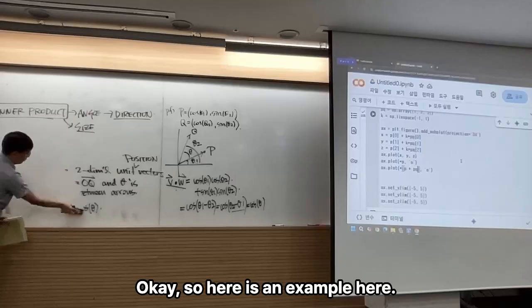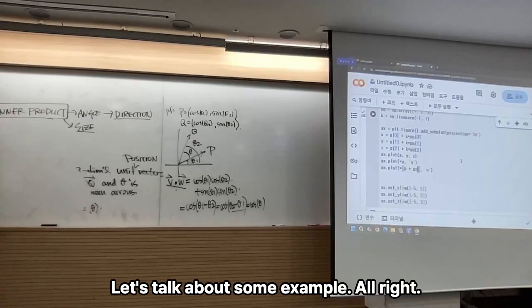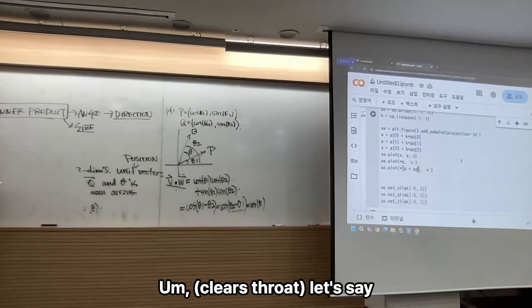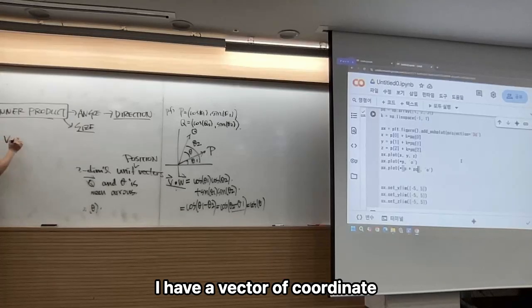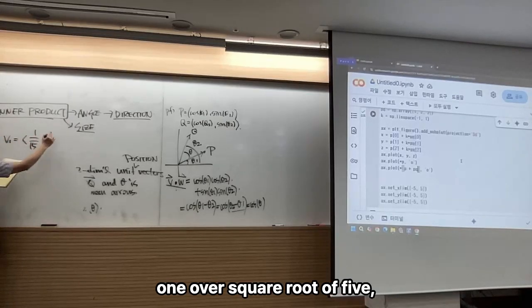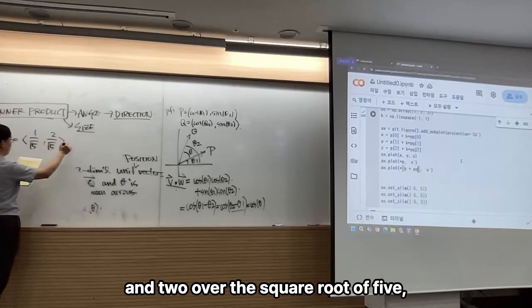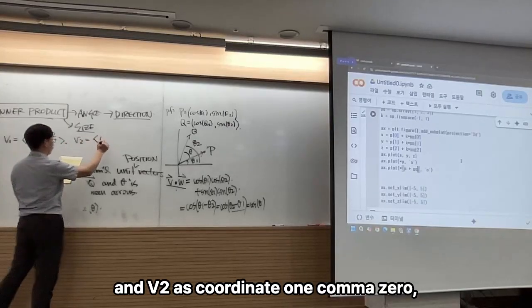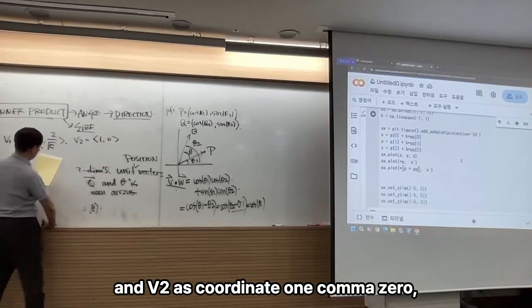Okay, so here's an example. Let's talk about an example. Let's say I have a vector v1 with coordinates 1 over square root of 5 and 2 over square root of 5, and v2 with coordinates 1, 0.